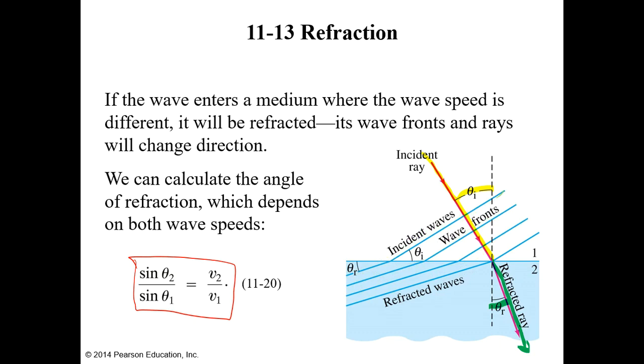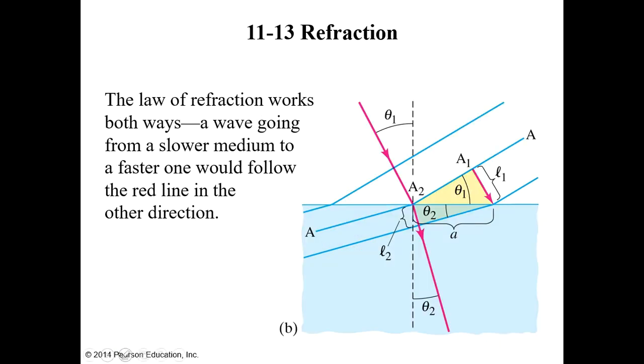The last point I want to make about refracted waves is that it goes both ways. You can either have refraction happening with the incident ray coming in and then bending at a refracted angle, or you can have it coming from that second medium, hitting the surface, and then it'll refract at that same angle.